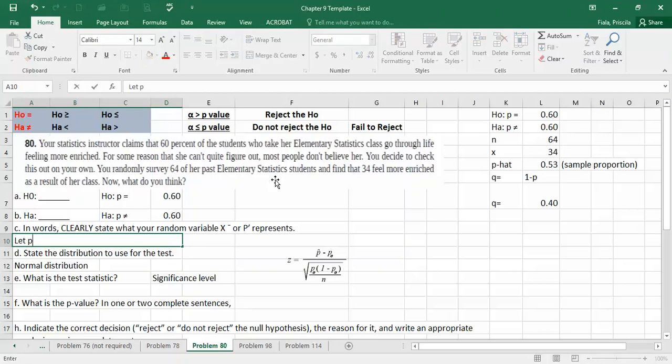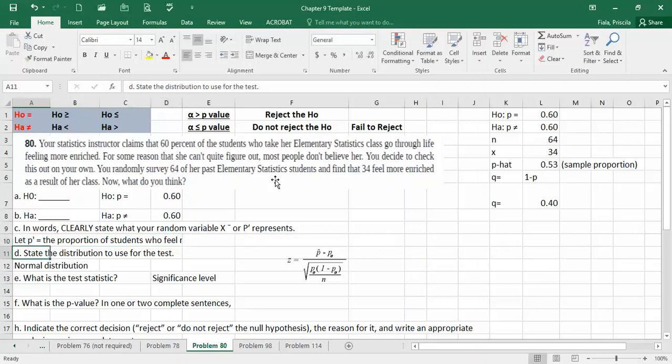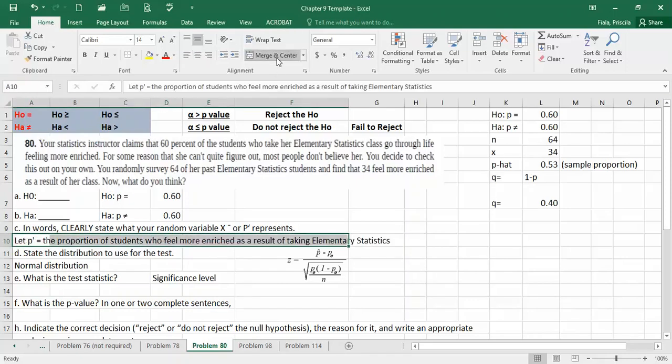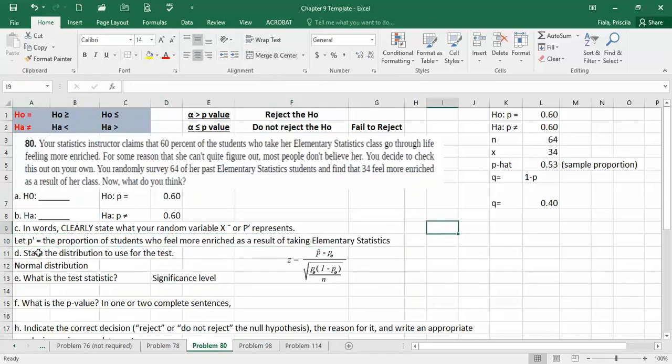So we're going to put that the proportion is equal to the proportion of students who feel more enriched as a result of taking elementary statistics. Okay, that's good enough.